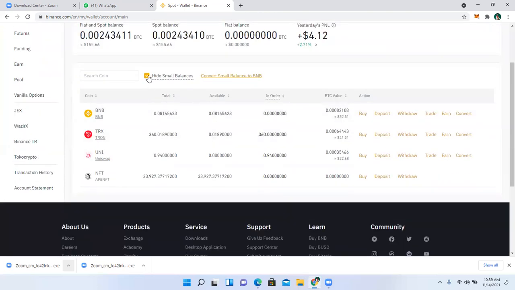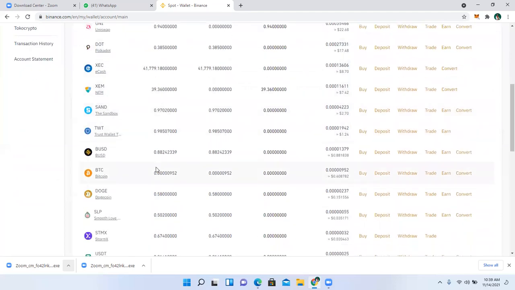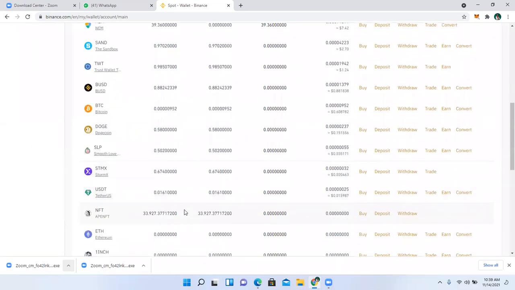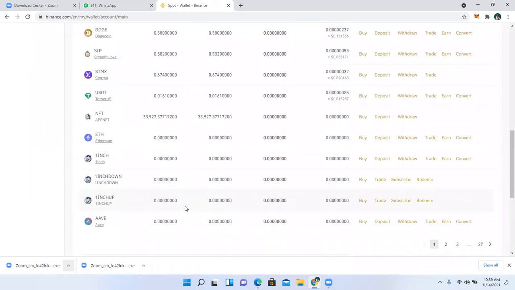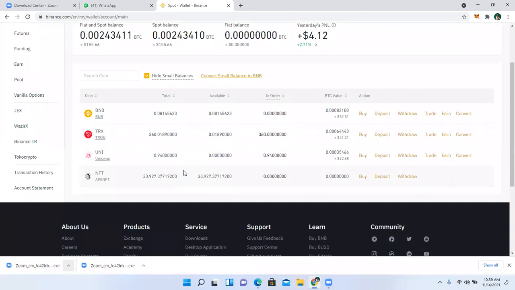Previously, you could see all these other coins that I just had in minute quantity, BUSD, BTC, Doge, SLP, STMX, USDT, and a lot of coins here, right? But if I click on hide small balances, it will hide everything that is little. Those small balances are called dust in crypto, right? So it will hide all those dusts, and then I'll be left with the ones that are major here, right?